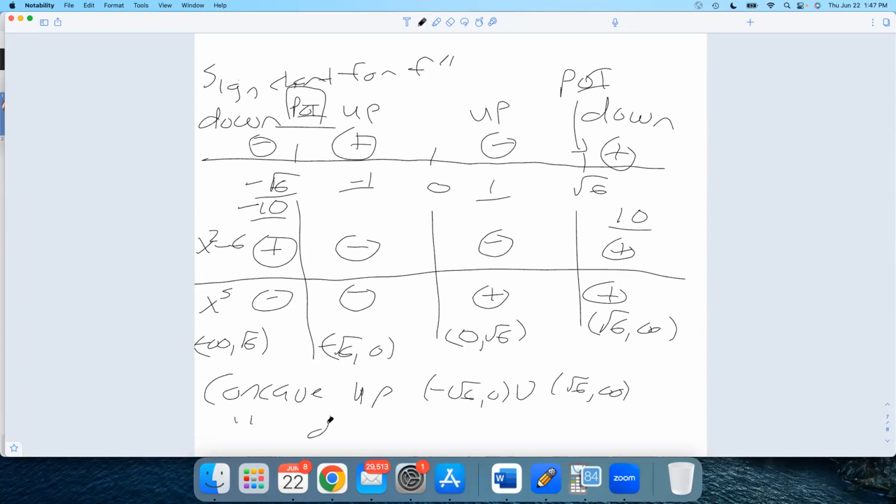We were concave down, negative infinity to negative root 6. And then again, I lied. I apologize. Hopefully you guys caught that. I was doing up. This was the next up, not that. 0 to root 6.